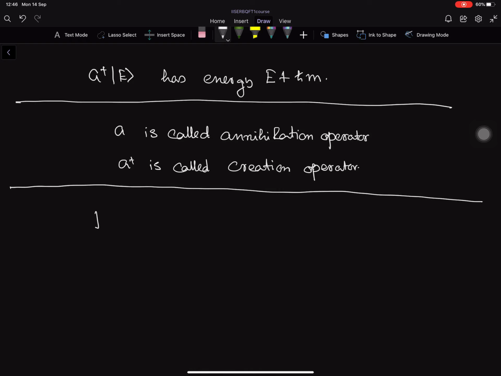This implies that the lowest energy state must be annihilated by A. If this is the lowest energy state, then it must be annihilated by A, because if it is not annihilated, then you can create another state which has lower energy than this. Okay, that's the simple logic.